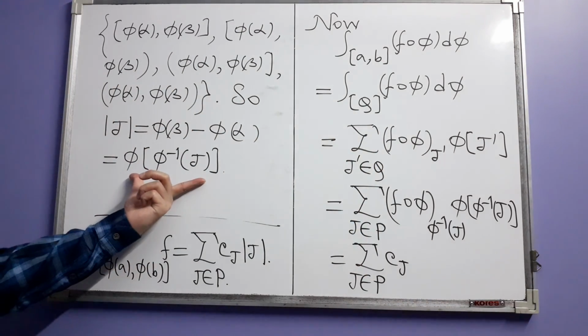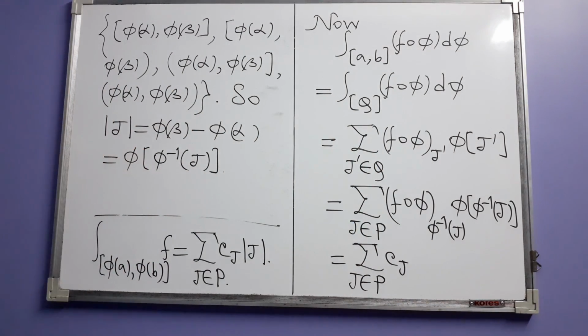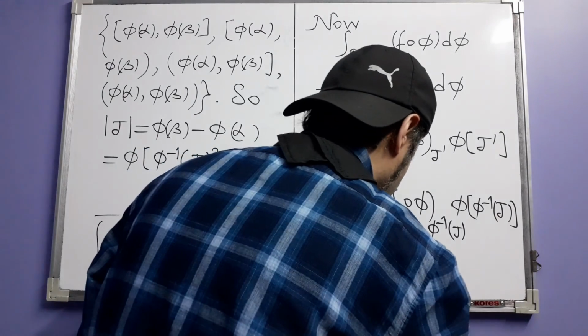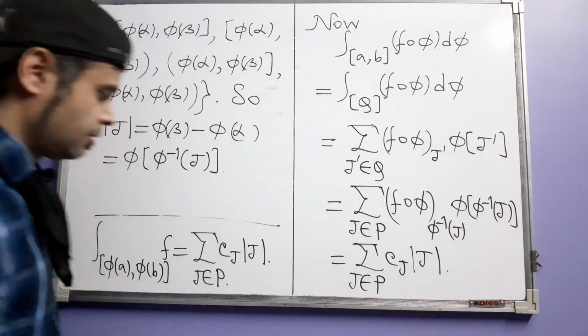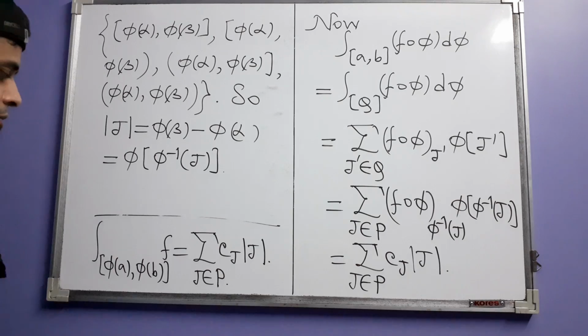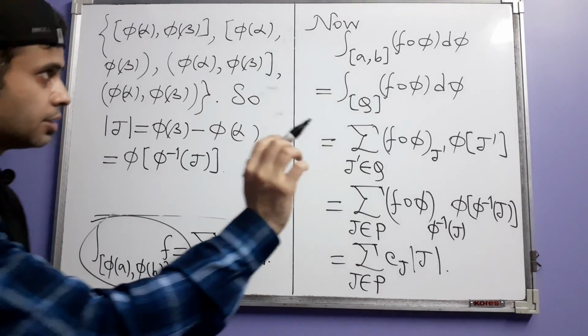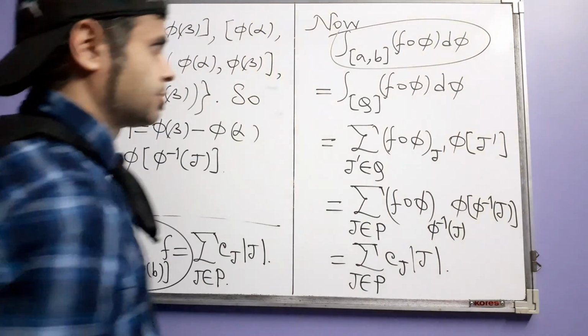And this is the ordinary length of J. And now these two things are equal. So that is why this is equal to this.